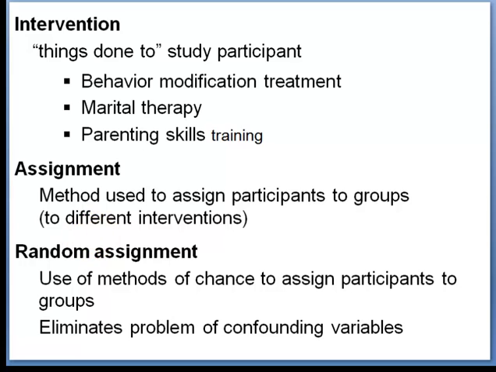confounding variables. On the other hand, in other studies, assignment is non-random, which is to say perhaps kids are assigned to different types of foster care settings, not by chance, but rather by a social work staffing, which is to say based on their needs.